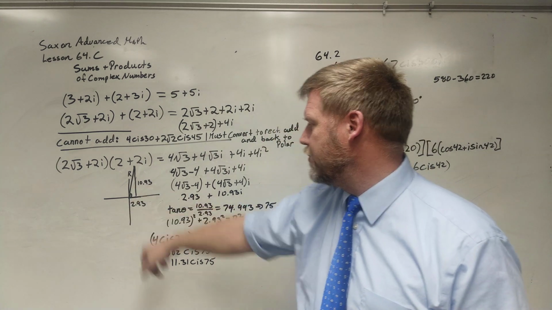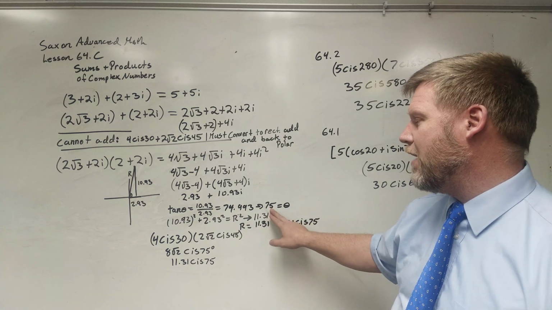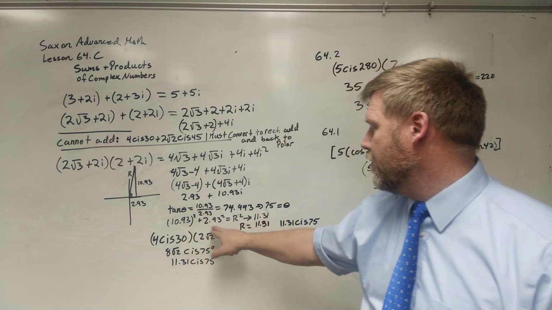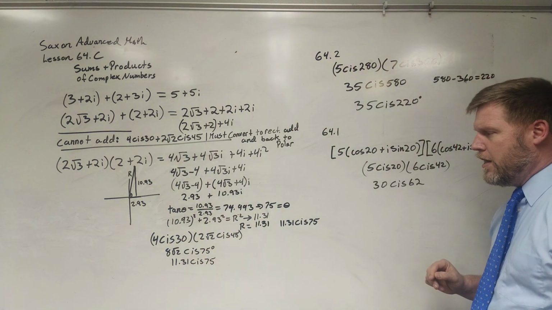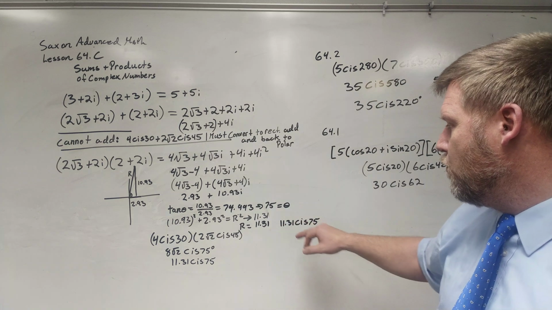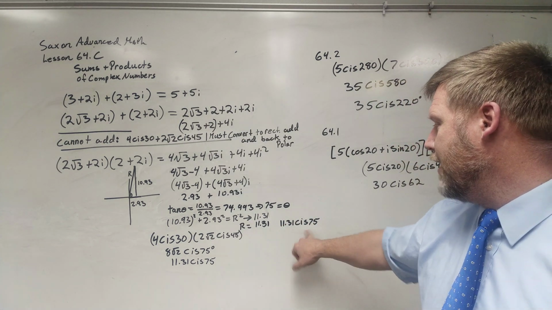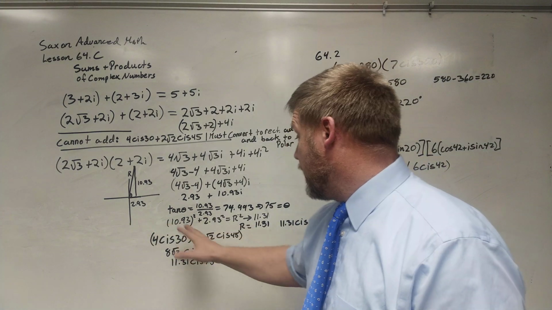And tangent is opposite over adjacent. That gives me 74.993, or about 75, as my angle. Then I go ahead and use the Pythagorean theorem to find out the radius. I'll get 11.31. This format, therefore, would be 11.31 CIS 75, right? Cosine plus i sine.